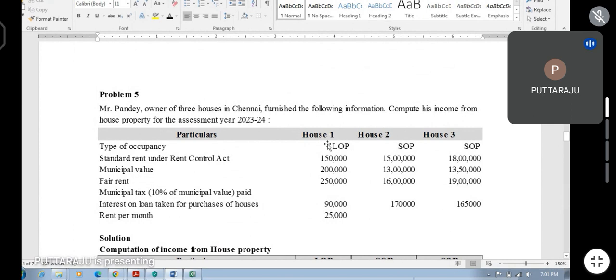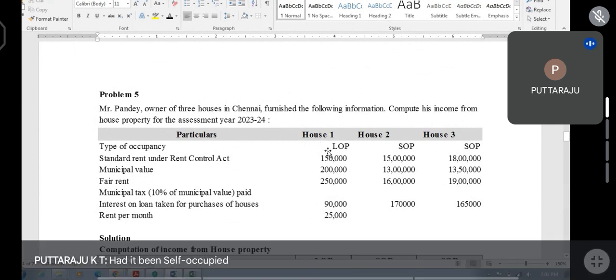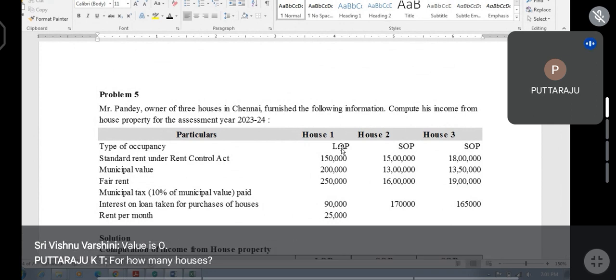Annual value is 0, sir. For how many houses? All the self-occupied houses, sir. Up to 2 houses, sir.